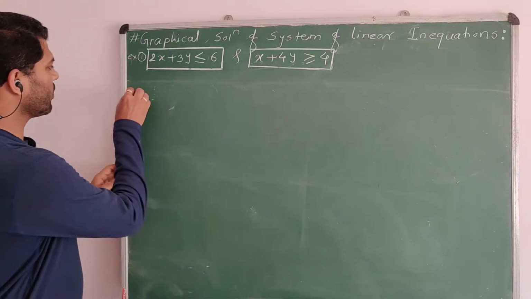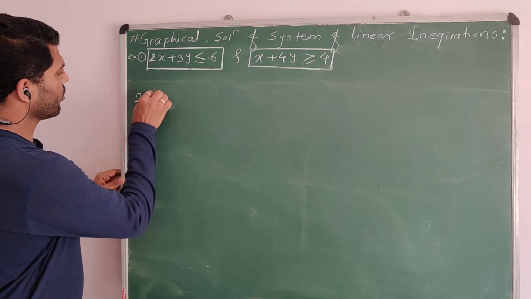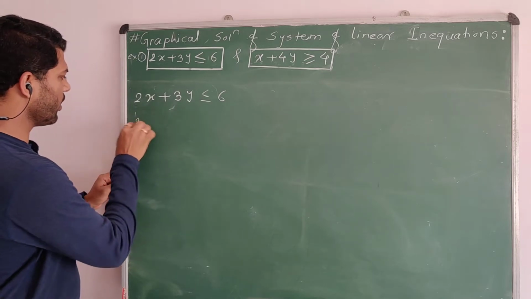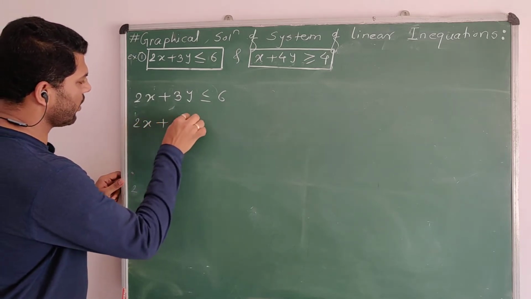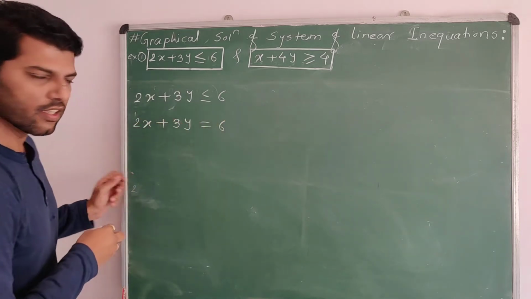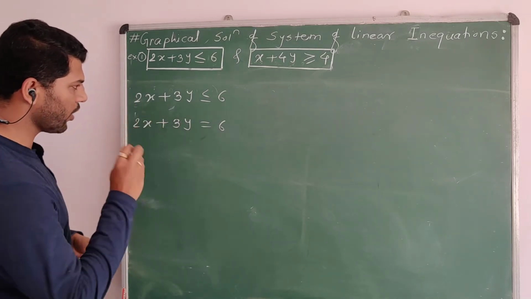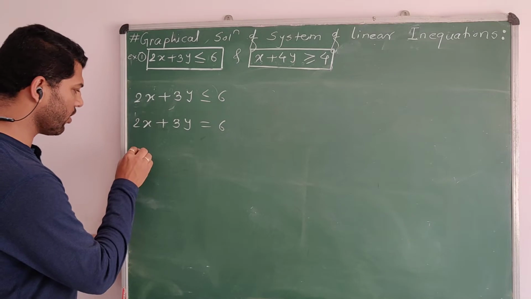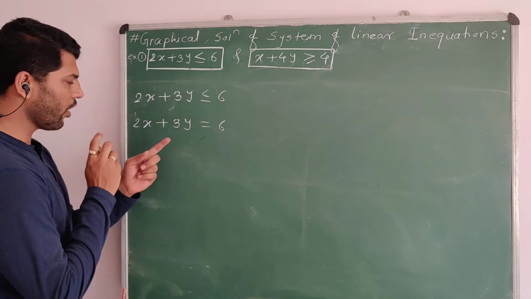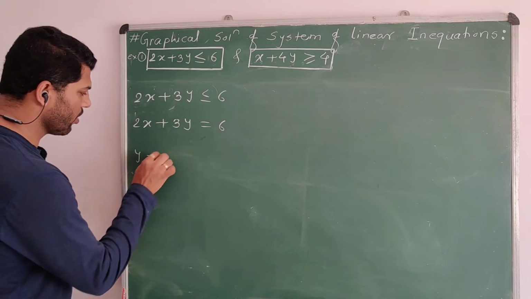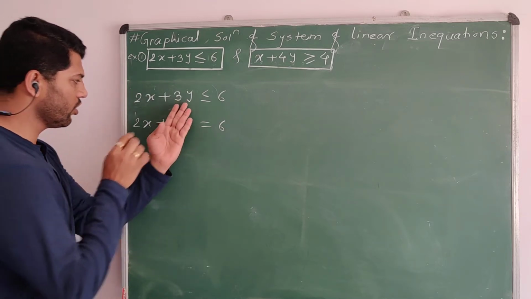So let's start with the first inequality, 2x plus 3y less than or equal to 6. I am converting this into an equality, 2x plus 3y equal to 6, which is the equation of a line. To draw a line, it requires 2 points. To find the point on the x-axis, put y equal to 0.